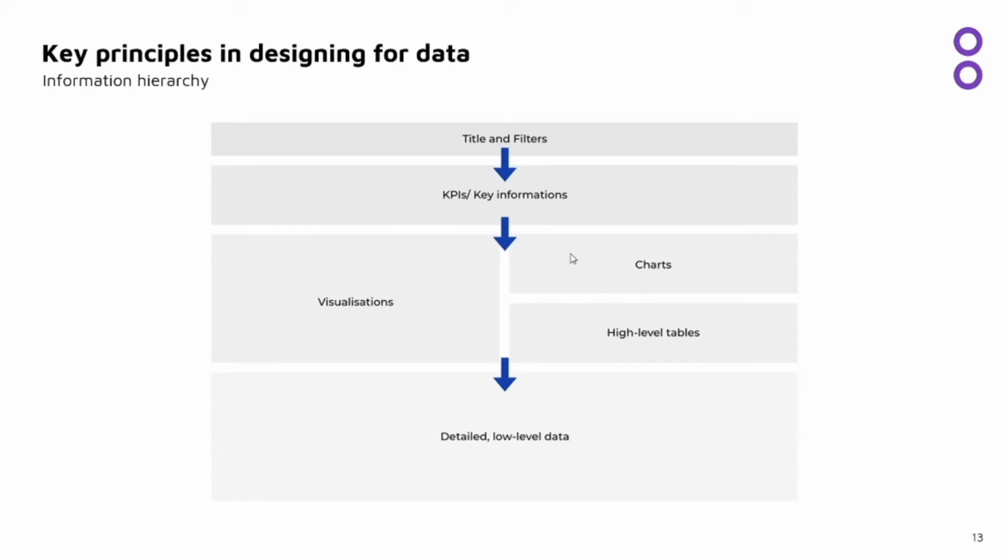Then you have KPIs or key information, and then you get to the visualizations and some tables with details. I think a good word to describe it is to take a storytelling approach. So this is your company looking from the helicopter perspective, and then you drill down to the lower level.